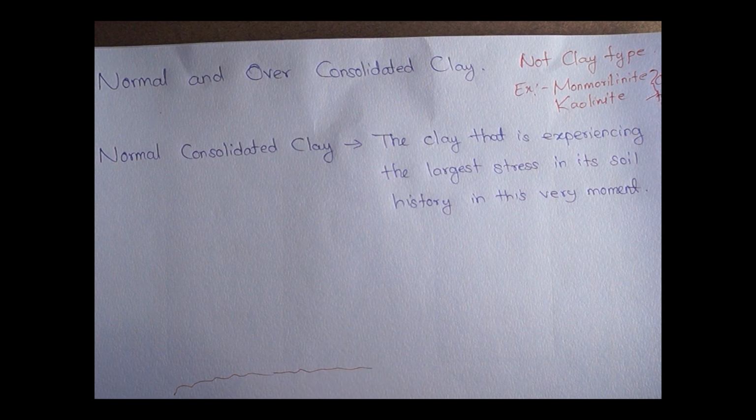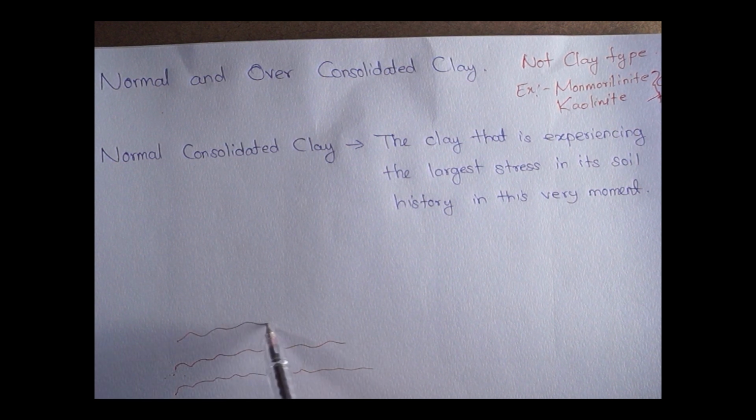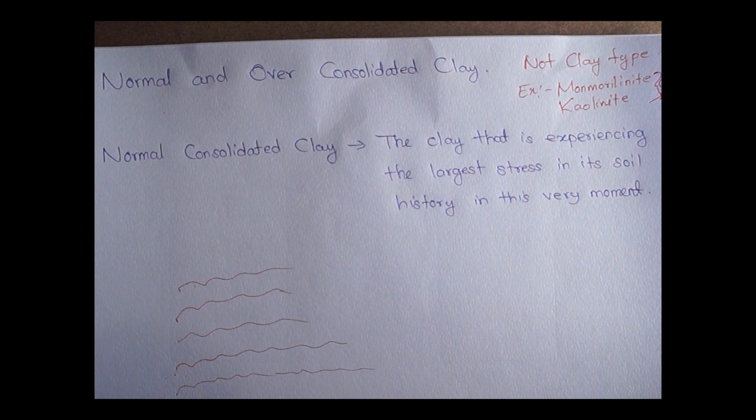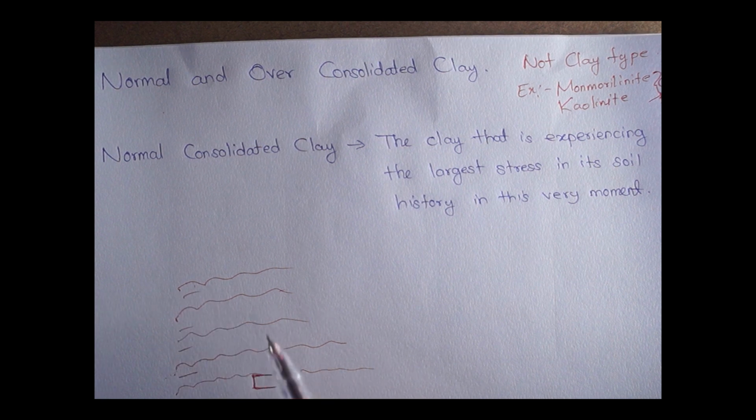would have been formed in a layer, and again there would be another layer formed after thousands of years. Eventually there would be layers and layers forming above one another. So the soil which is at the bottom, let's consider this soil matrix. For every new layer formed, the stress experienced by this soil element would have been increased.